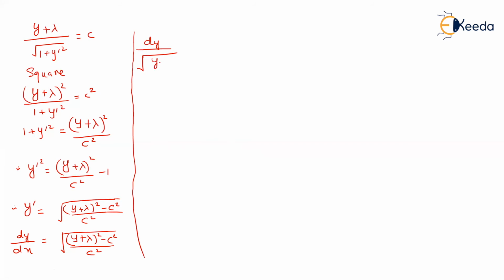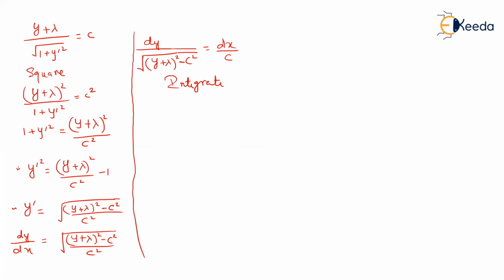So that is y plus lambda the whole square minus c square equal to dx, this dx will go to that side, and this 1 upon c square I'm keeping on this side only, and this is obviously 1 upon root of 1 upon c square, so this will be 1 upon c. Integrate. On the left hand side, I'll integrate with respect to y. On the right hand side, I'll integrate with respect to x.